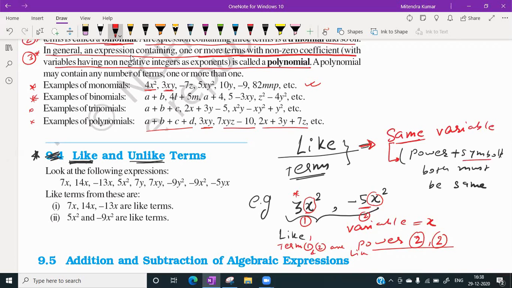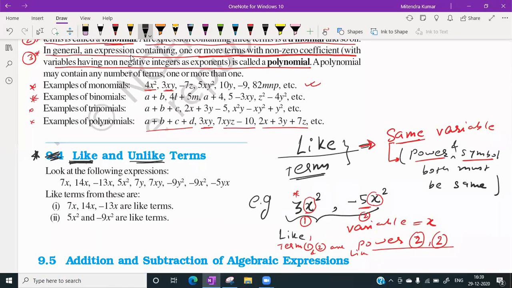You have to check the symbol as well as the power. Power and symbol both must be the same.